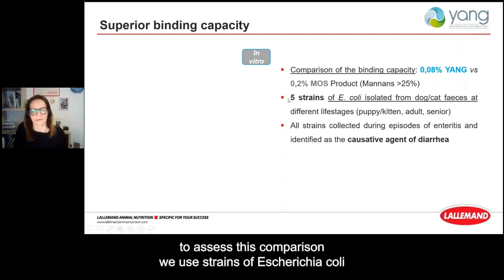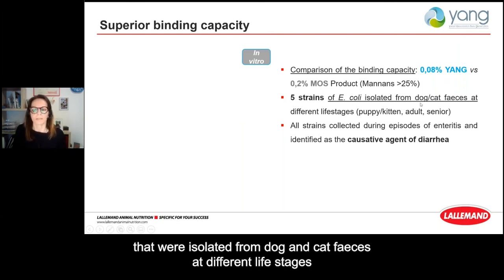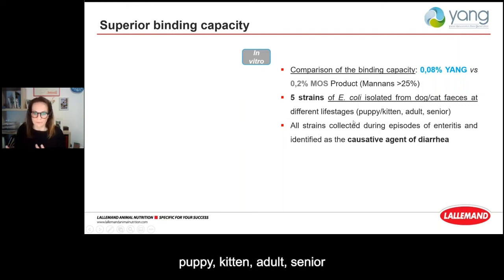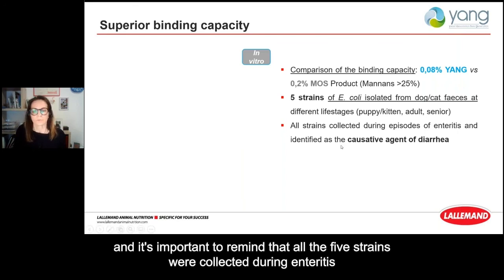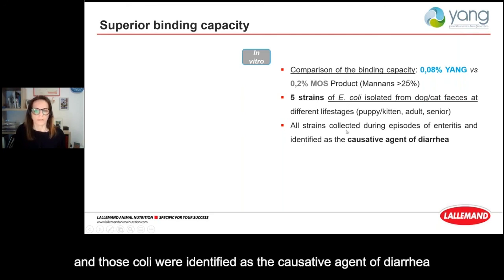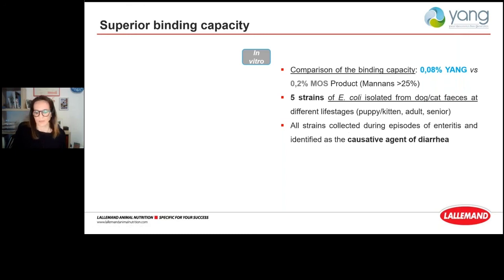To assess this comparison, we used strains of Escherichia coli that were isolated from dog and cat feces at different life stages: puppy, kitten, adult, senior. It's important to remind that all 5 strains were collected during enteritis, and those E. coli were identified as the causative agent of diarrhea.